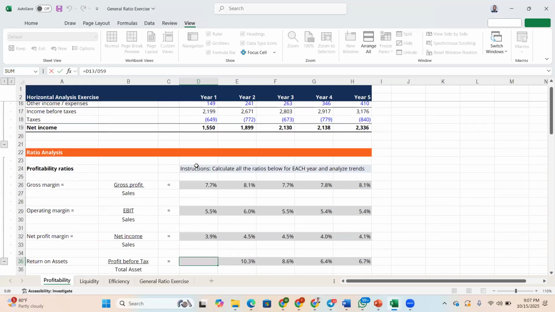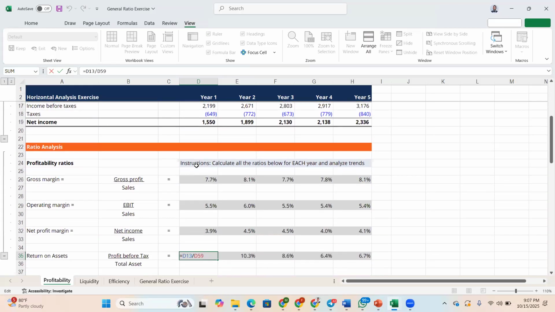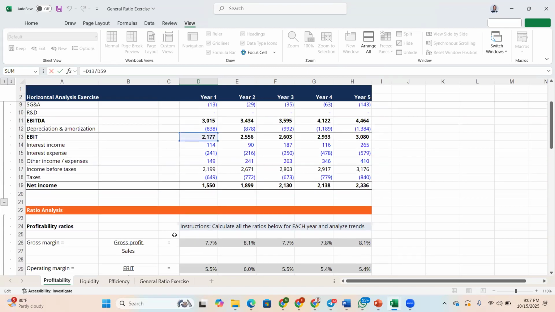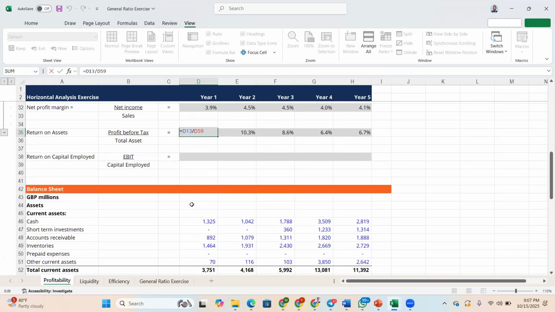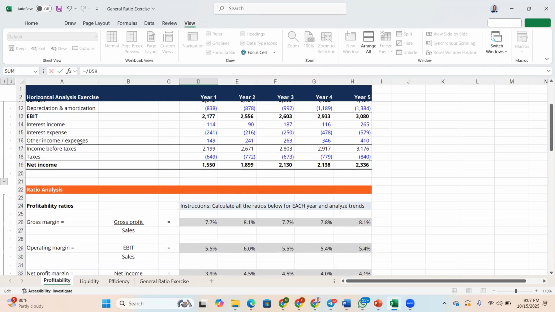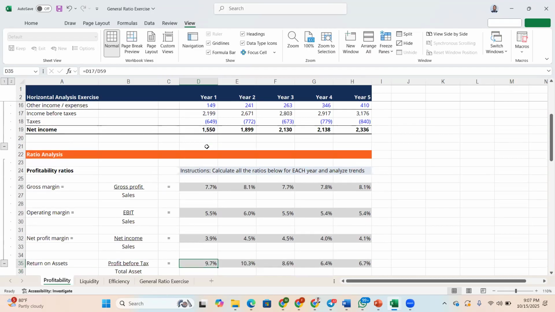We're supposed to use profits before tax. But what did we use? We used EBIT, and that's wrong. So please take notes. We're supposed to use profit before tax. So we're going to change that. Profit before tax is income before taxes, which is 2199. So yes, that's what we are using.